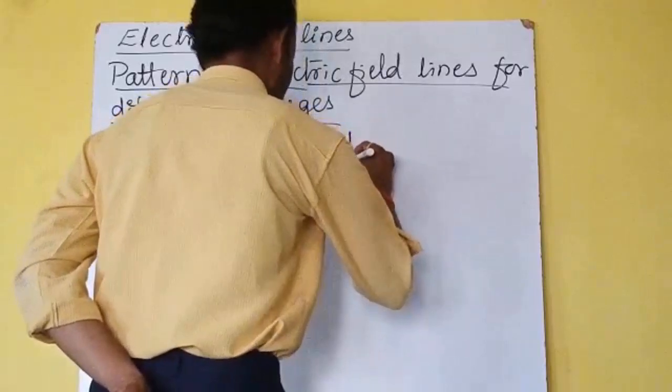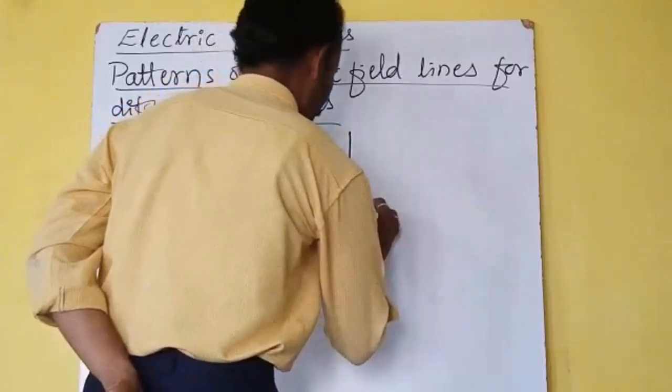For a negative charge, the electric field lines are directed towards that negative charge.